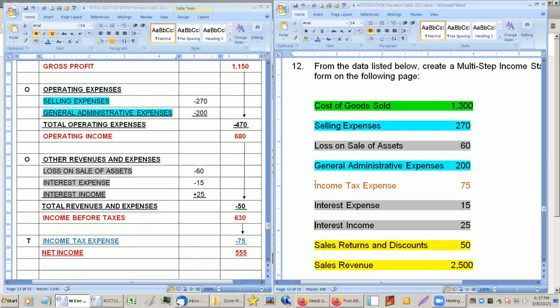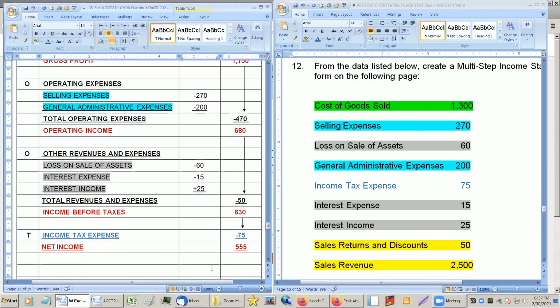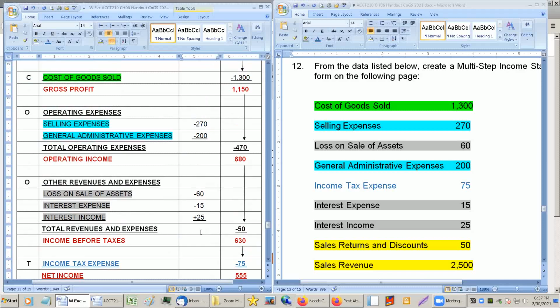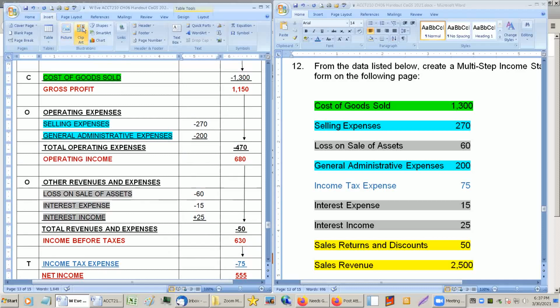So we lump those things together that are similar. I'll make that blue. Okay, now here's what I'm going to tell you guys.